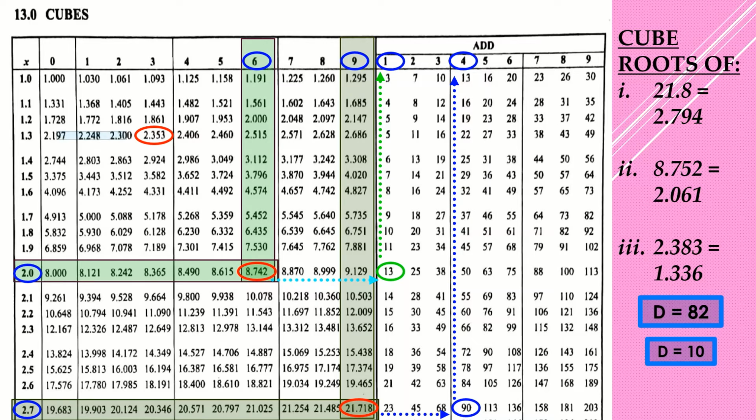So first we look at that value along the x column that coincides with the 2.353. After looking at that, we will find that we have 1.3. 1.3 is what we need as one of the parts of our solution, and we still need other digits for us to satisfy the solution.